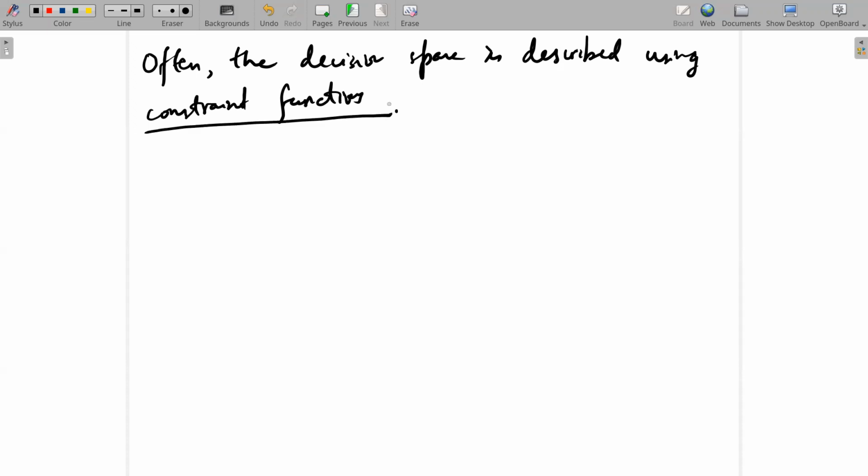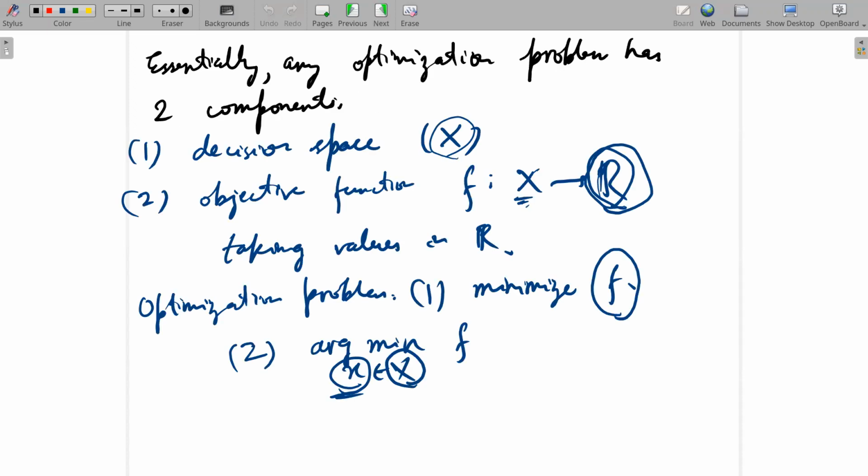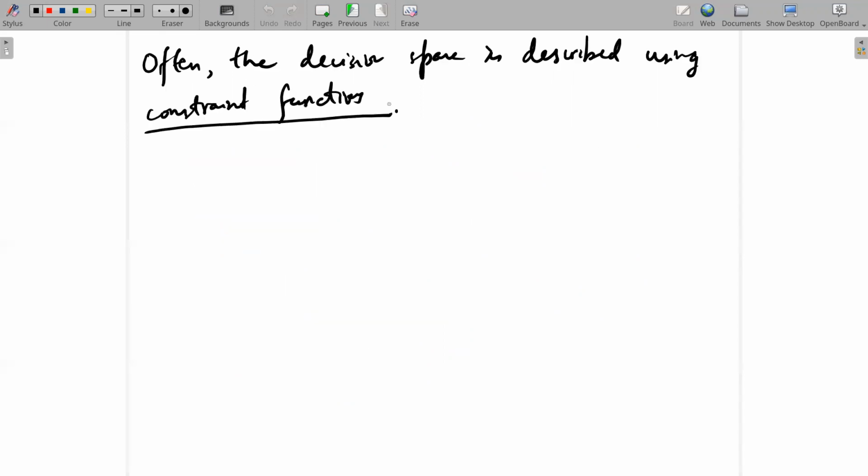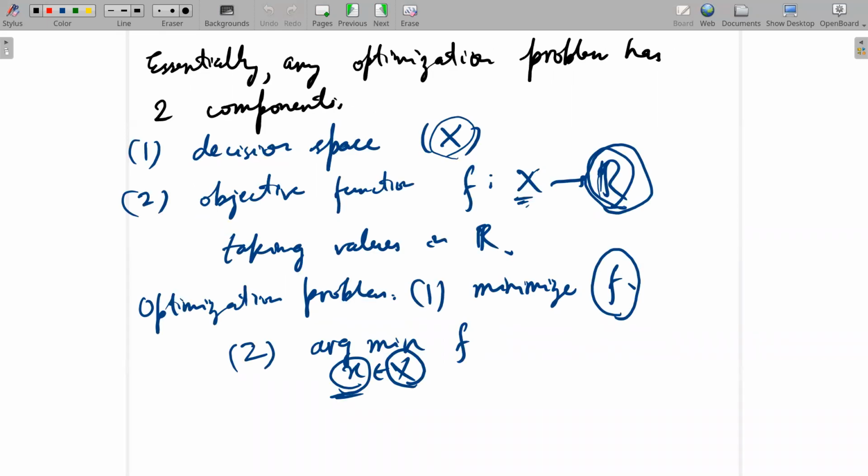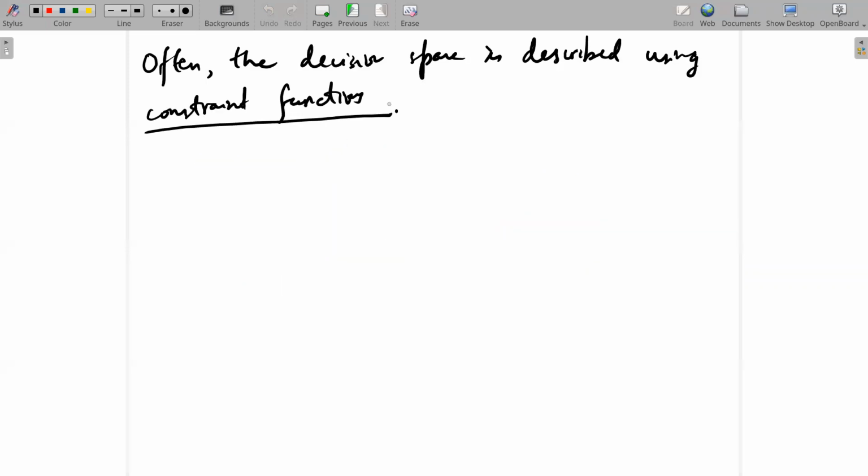Just like we had an objective function, I said there are two things, objective function and decision space. So you could have replaced one in this particular case by saying, we need two things: objective functions and constraint functions. So constraint functions, what do they do? These constraint functions involve decision variables.